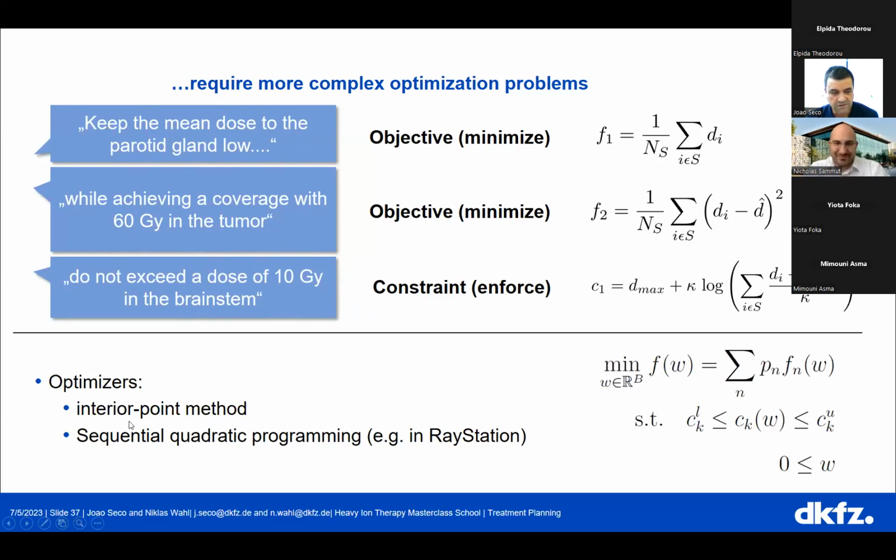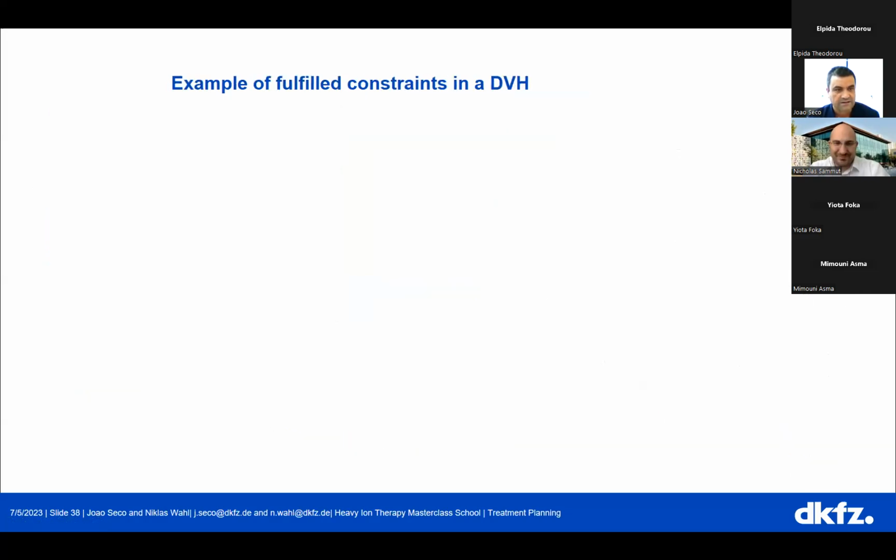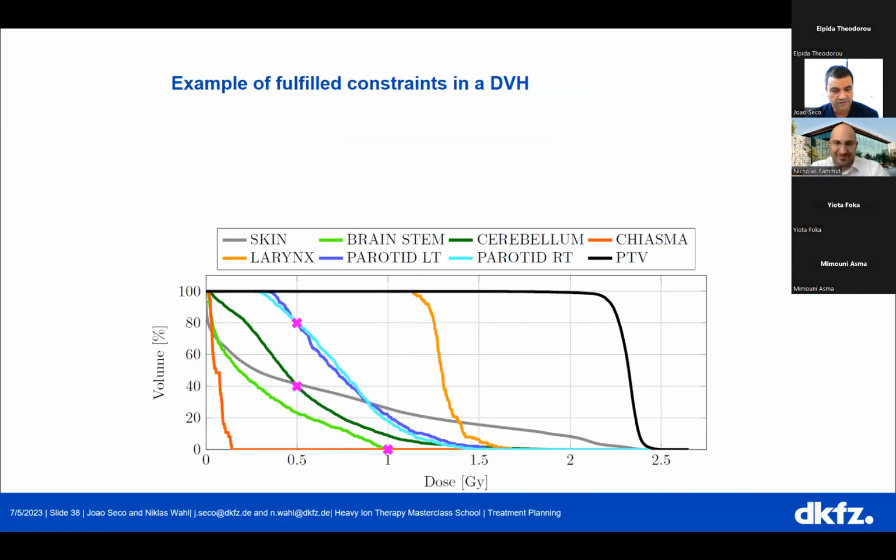What about optimizers? You have different types of optimization process. You have the interior point method. You have sequential quadratic programming, which is what is used now, for example, in RayStation. So here is a set of constraints that the clinician can specify. If you see these little pink crosses, the clinician says that the max dose to the brainstem cannot reach 1 gray, for example, or that the dose to 40% of the volume cannot be higher than 0.5 gray.